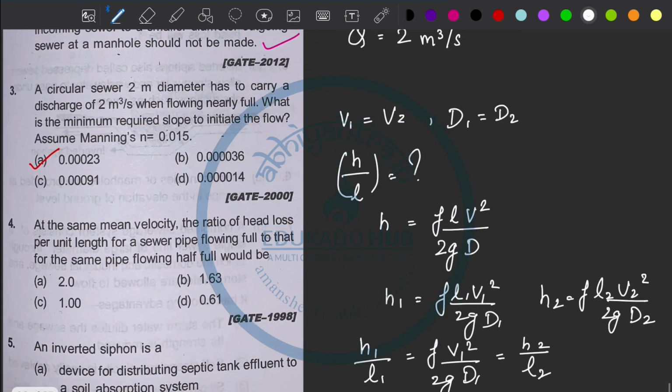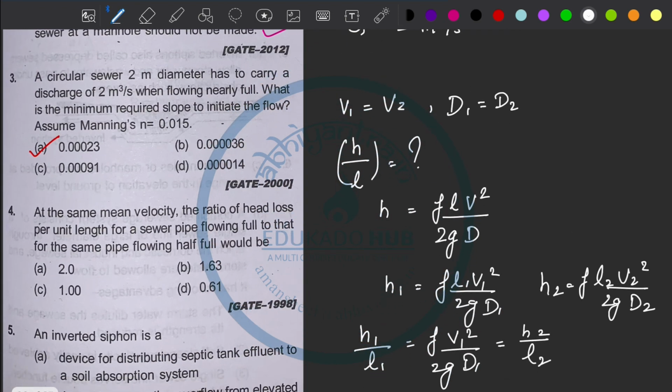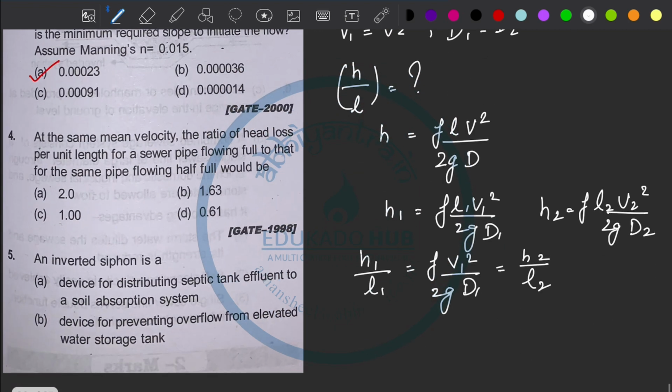F is the friction coefficient, same because the pipe is same, V is same, diameter is also same, and 2G is common. So everything is same, and the ratio H1 upon L1 divided by H2 upon L2 comes out to be 1. So the correct answer is option C.